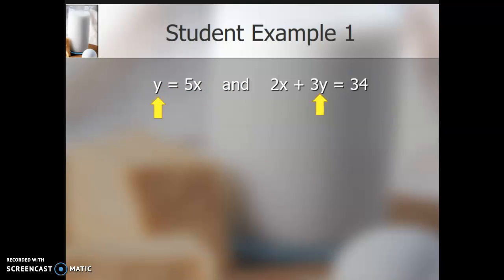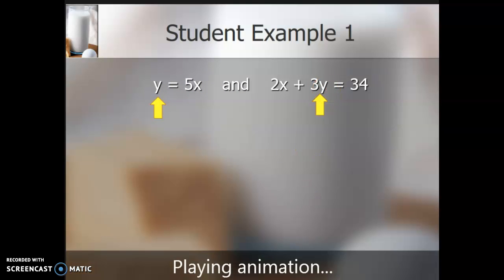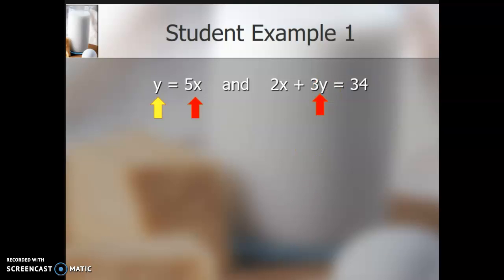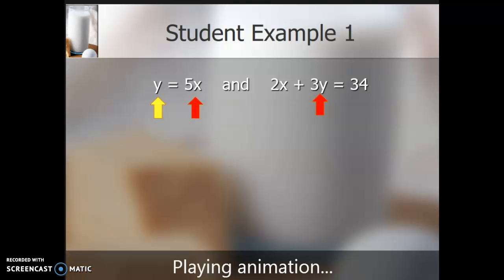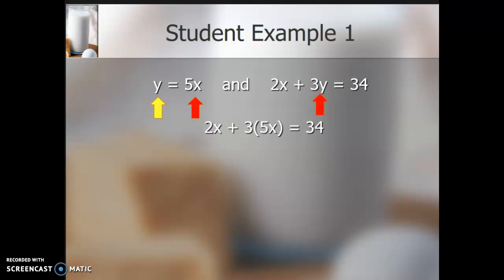We take the value for what y is, and y is 5x here, and we will replace it into the y in the other equation. And you rewrite that equation, 2x plus 3, and instead of y, you're putting in parentheses 5x. You're going to distribute the 3 to the 5x, combine like terms, solve for x.